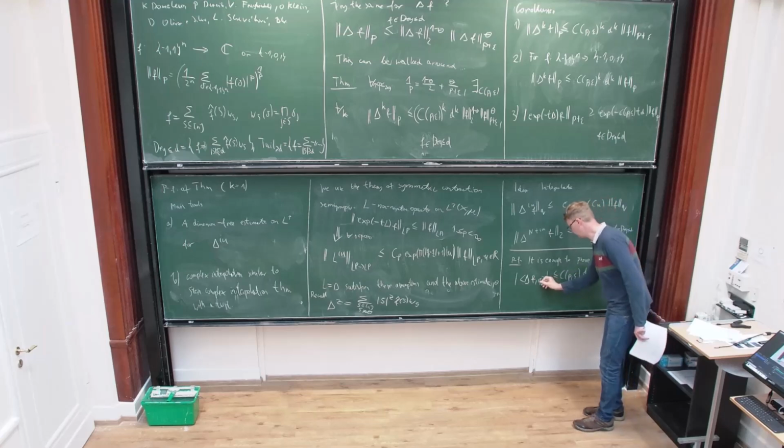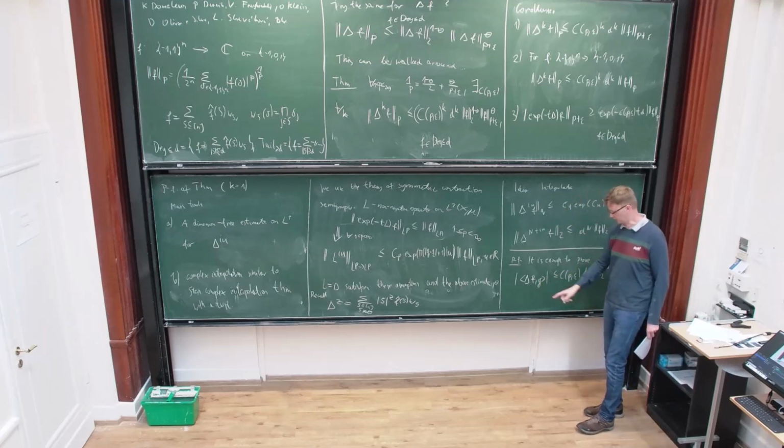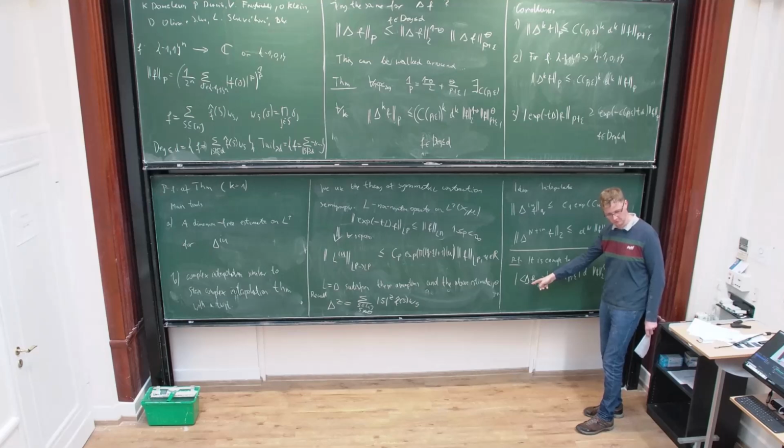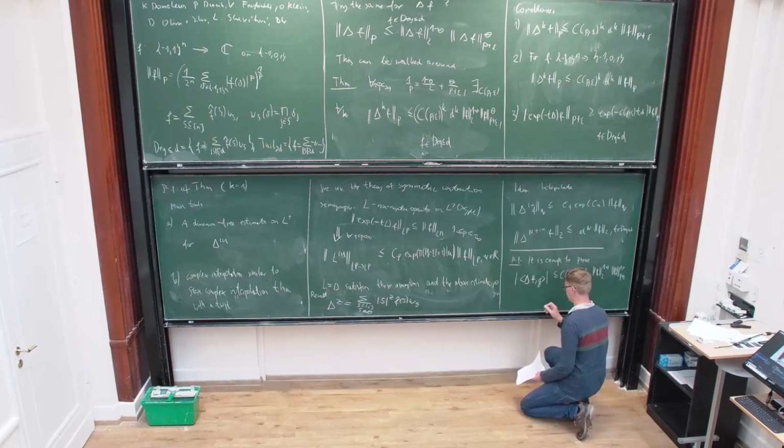This needs to hold for G in L p prime, because I want an estimate for the L p norm of delta F, which means I need to take G from L p prime of norm 1, say.